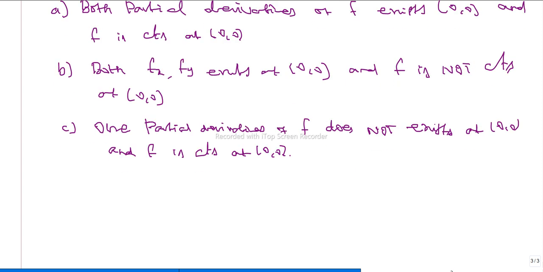Now the last option: again one of the partial derivatives does not exist, and again f is not continuous.